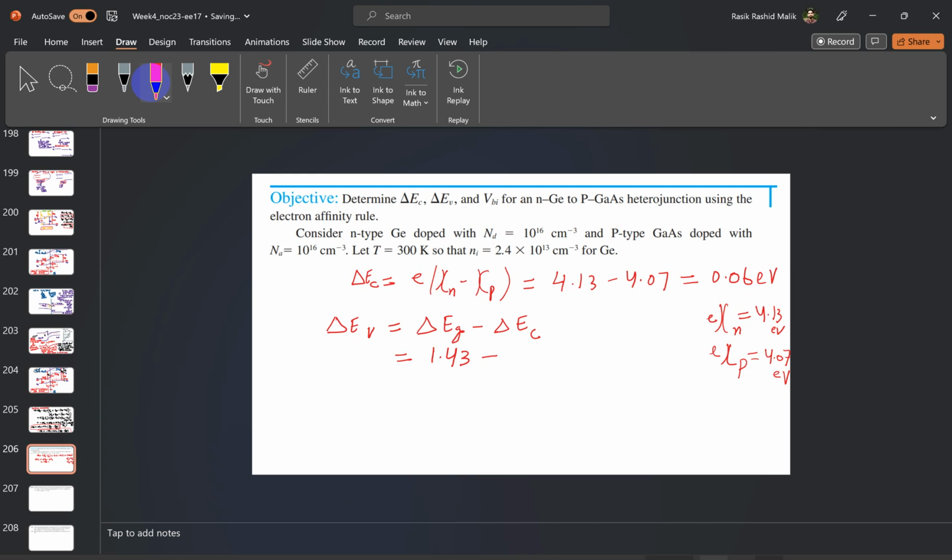Which is for the gallium arsenide, it is 1.42 around. So 1.42, and for germanium it is 0.7, right? So for gallium arsenide and germanium we can find then the difference.